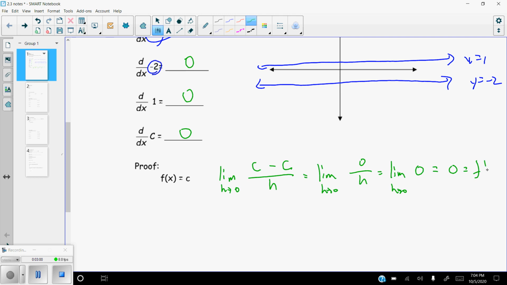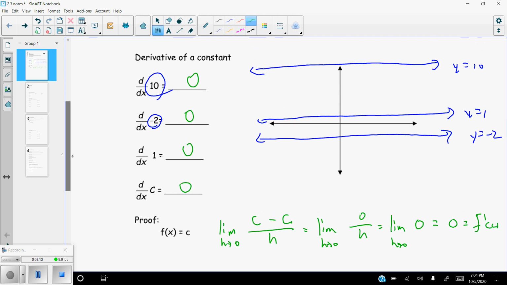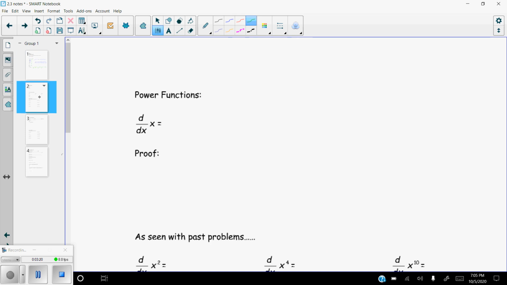That is f prime of c. So the derivative of any constant is 0. Pretty straightforward, pretty easy. Hopefully that's a concept that makes sense. Again, remember, you're just thinking of derivative in terms of slope. It's a horizontal line, so it's pretty easy to see that the derivative will be 0.